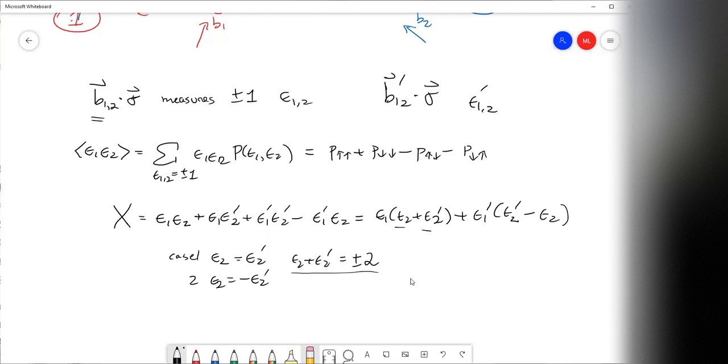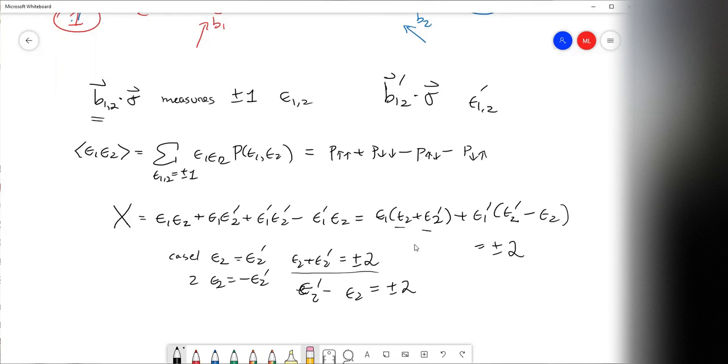Otherwise, epsilon 2 prime minus epsilon 2 is equal to plus or minus 2. So it's the opposite. Then this guy vanishes and these guys are plus or minus 2. So no matter what you do, this X only takes on 2 values, which is plus or minus 2.